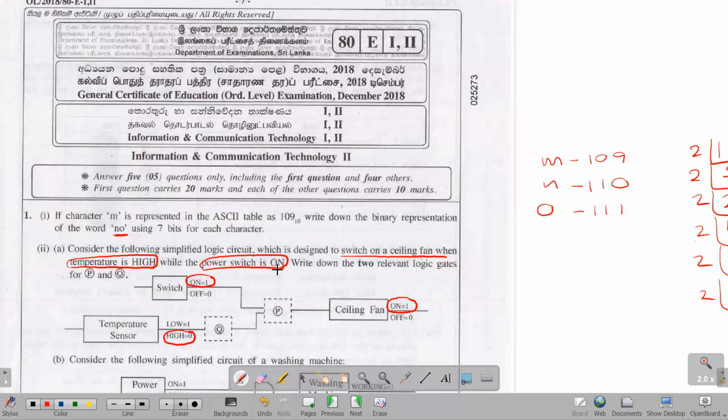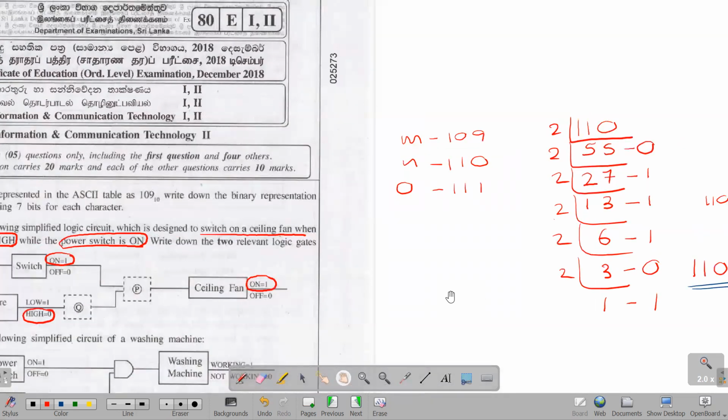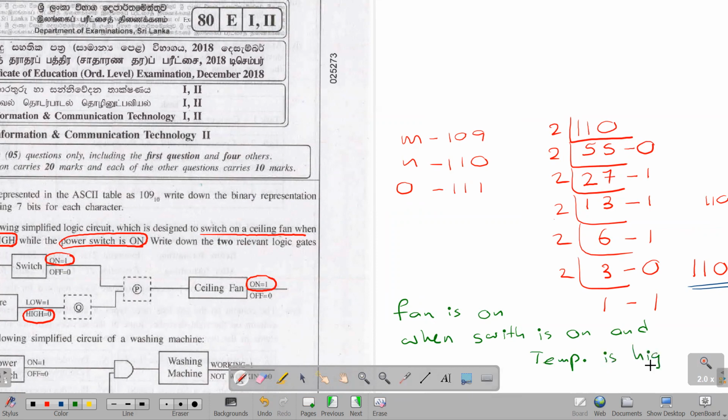So that means we can simply write a simple equation using this. We can say something like this: fan is on when switch is on and temperature is high, right?